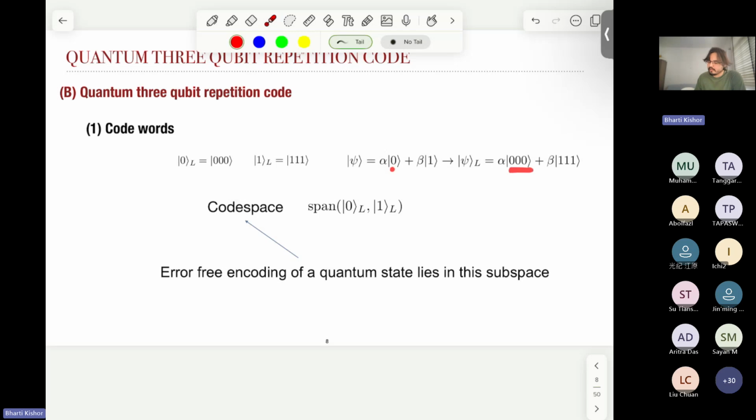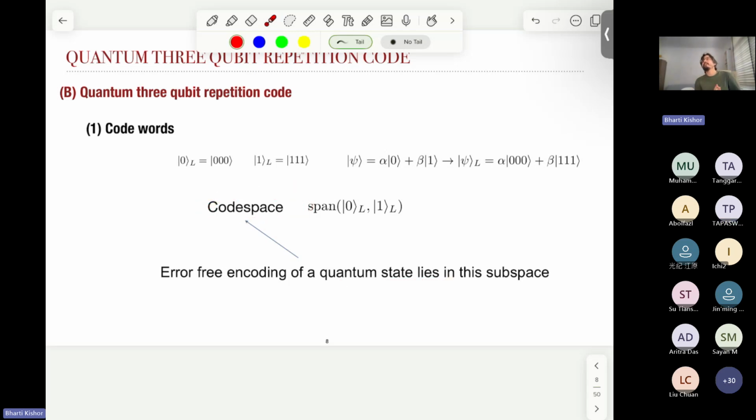So you replace 0 by 000 using this rule here, and 1 by 111 here. This span of 0 logical and 1 logical we call the code space. So it's basically error-free encoding of a quantum state. It lies in the code space.